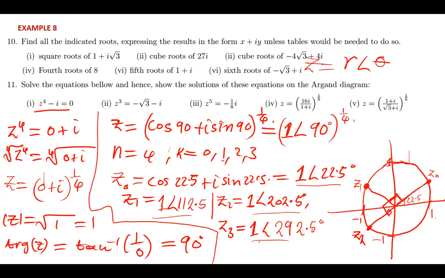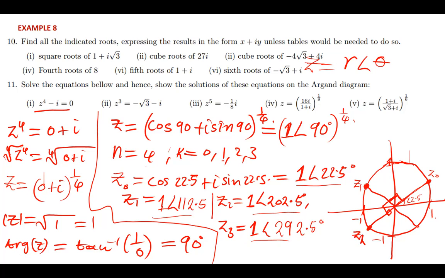Z3 will also be the same. We subtract 202.5 from 292.5, the answer will still be 90. So time is even almost up.